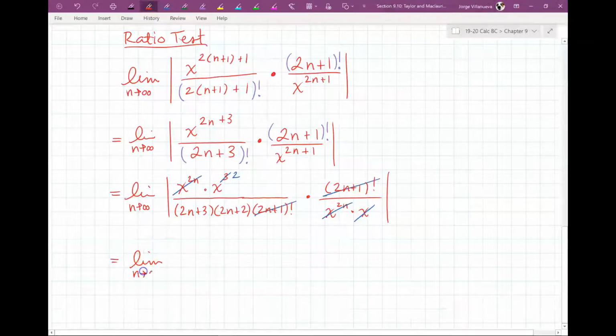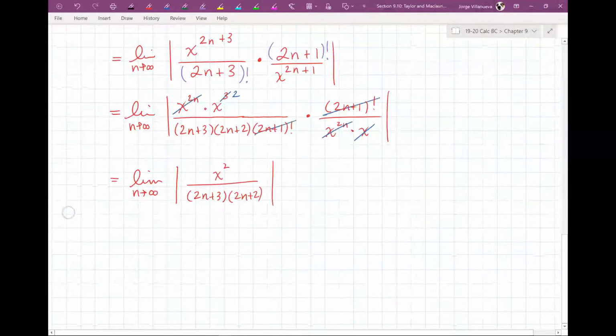This is the limit as n approaches infinity of x squared over 2n plus 3 times 2n plus 2. But remember, the variable that matters is what? Is it x or n?